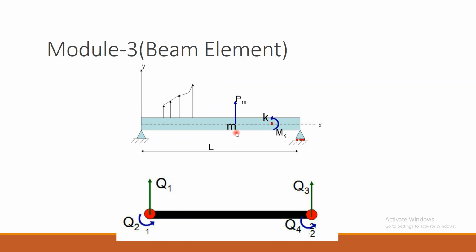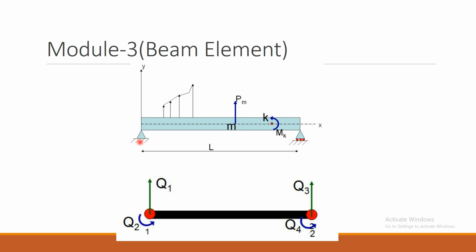This is how a simple configuration of the beam looks. I am not going to discuss much about the basic concepts. Coming to its behavior, we already said, and the next part is the types of beams based on supporting conditions. You have already discussed the cantilever beam, simply supported beam, and overhanging beam.